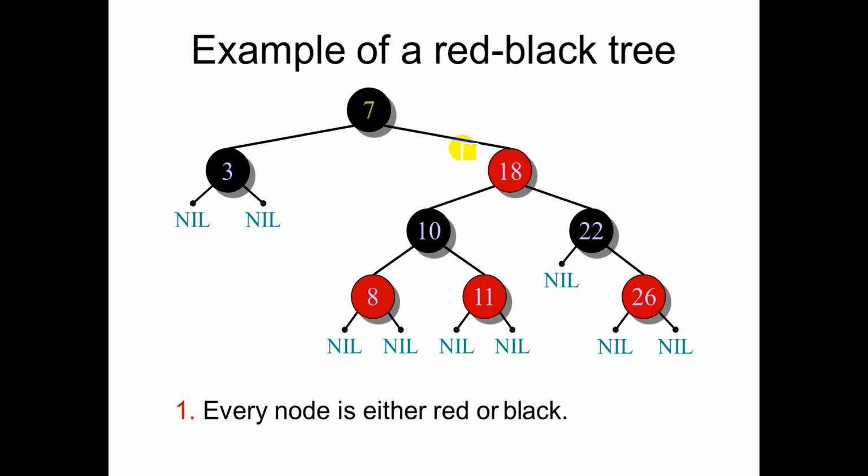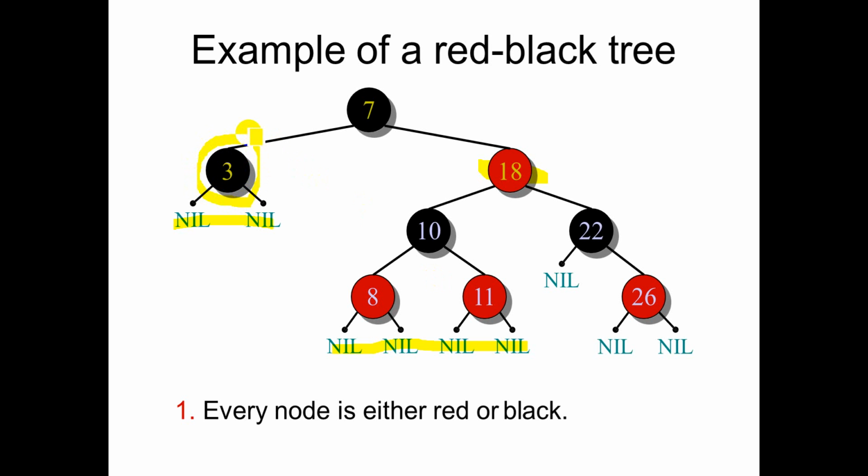On the other hand, its child node 18 is red. But I know that you are mainly thinking about 3. Why is it black? And we know these nils are also black. But why is this black? You will come to know about it very shortly.